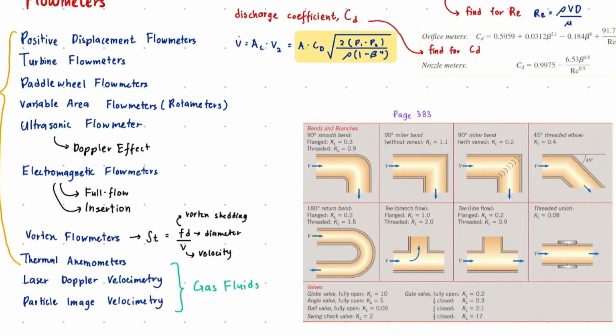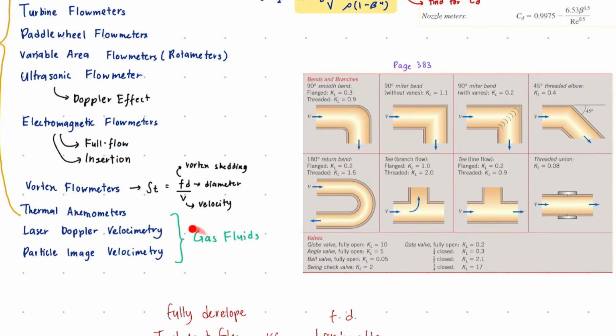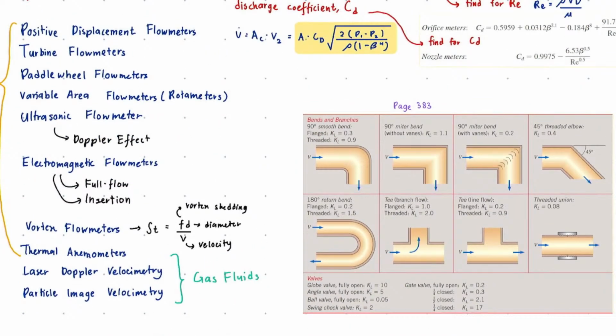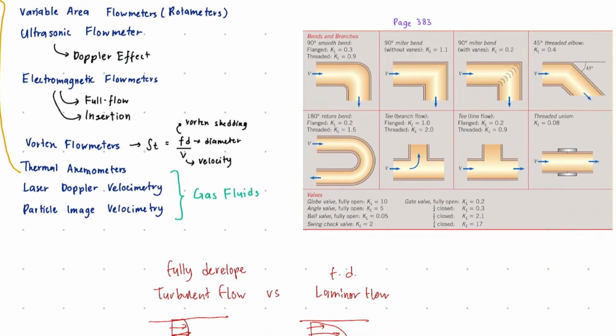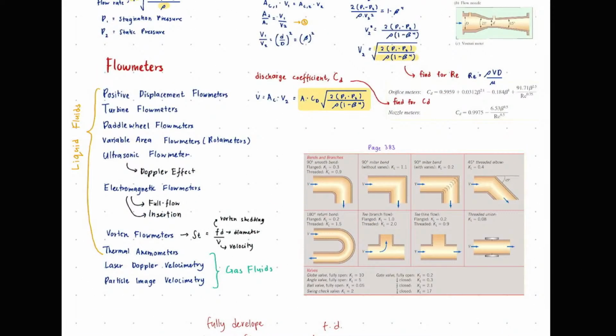This is the flow meters. I have simplified the flow meters here. This is liquid fluids and gas fluids. Maybe they ask you, if there is a liquid system, which flow meter do you need to choose? If it's a gas fluid system, which one do you need to choose? Okay, so that is internal flow.